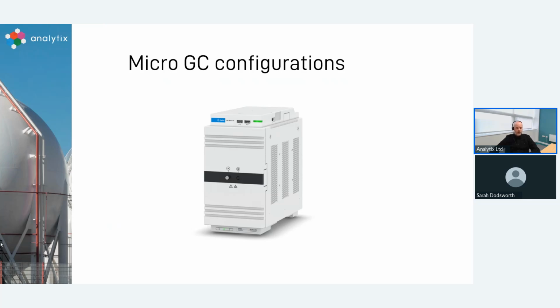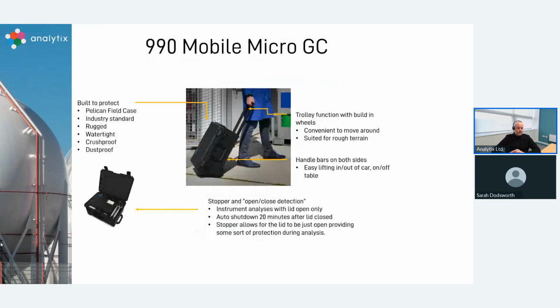So when we look at a mobile system, because these channels are again very lightweight, we can build them essentially into a Pelican case. So we class this as a field case. Anyone that's worked with a Pelican case knows the industry standard: very rugged, watertight, crush-proof, dust-proof.